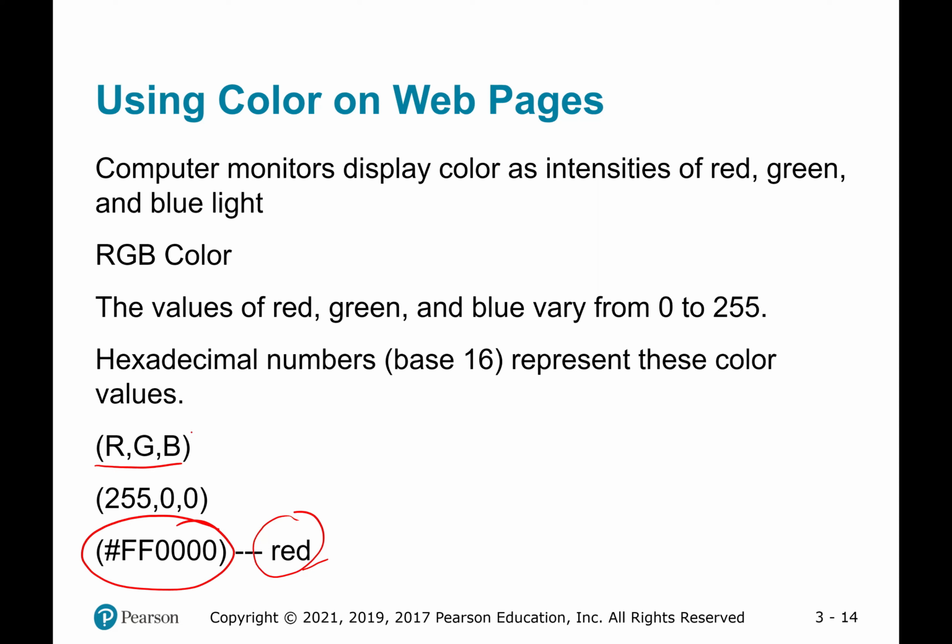So you can put RGB, red, green, blue, or you can put 255, 0, 0. So basically, this part is the representation of 255, this part is the representation of 0, and this part is the representation of B, right? Okay.